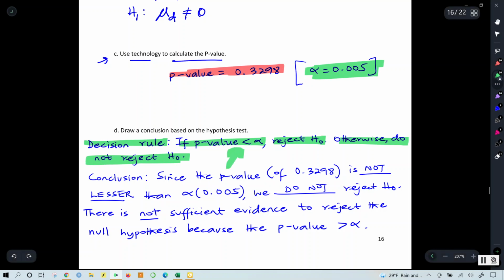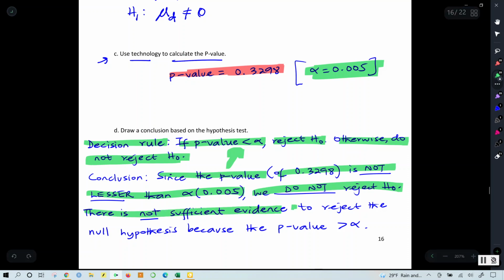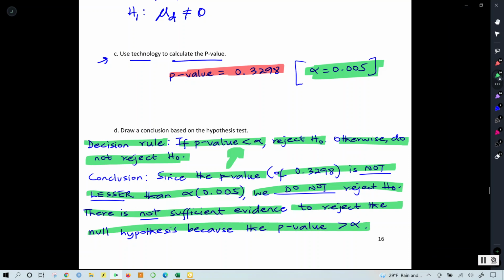In other words, this condition is not met. So since the p-value of 0.3298 is not lesser than alpha, which is 0.005, we do not reject the null hypothesis. That means there is not sufficient evidence to reject the null hypothesis because the p-value is greater than alpha.